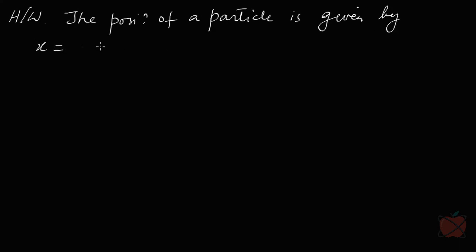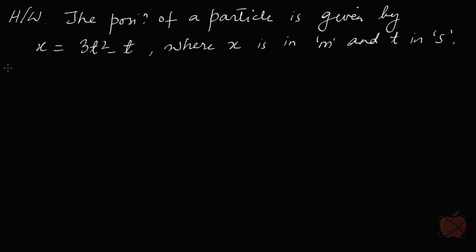The position of a particle is given by x equal to, let's say, 3t square minus t, where x is in meters and t is in seconds, after 10 seconds.